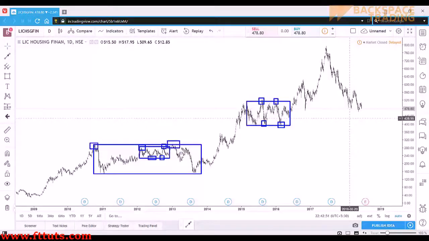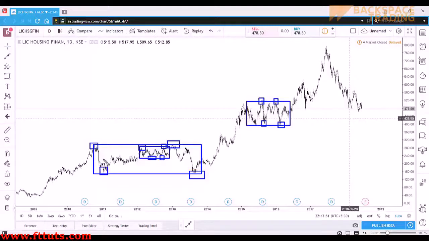Equal highs, equal lows, right? Now see, a sideways trend is also an opportunity for you to trade, and we will get across those things at a later stage. As of now, we are just in the introduction phase of different types of trend.